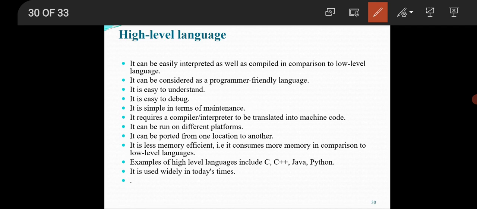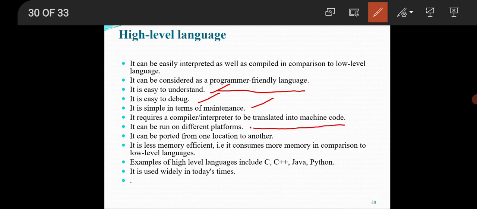It can be considered a programmer friendly language. It is easy to understand, easy to debug, simple in terms of maintenance, and it requires a compiler or interpreter to translate into machine level language.